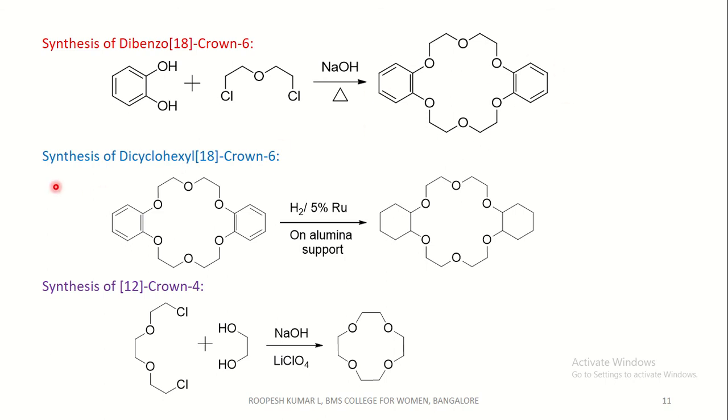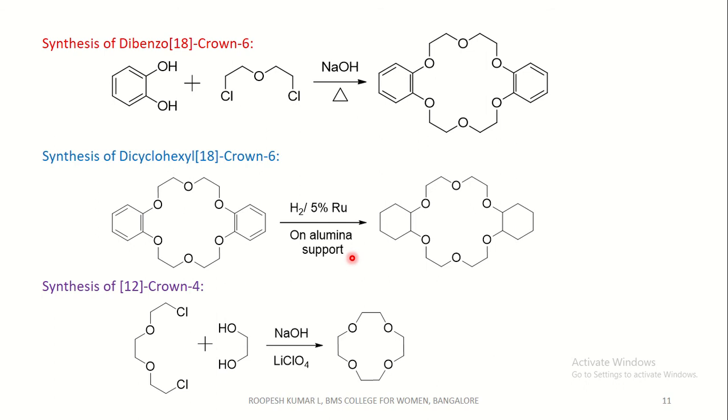Coming to the synthesis of dicyclohexyl-18-crown-6. Hydrogenation of dibenzo-18-crown-6, in the presence of a ruthenium catalyst, that is 5% ruthenium catalyst on alumina support.